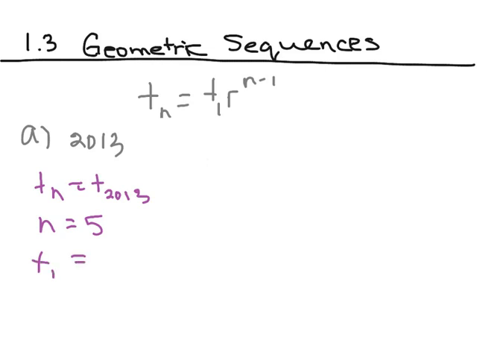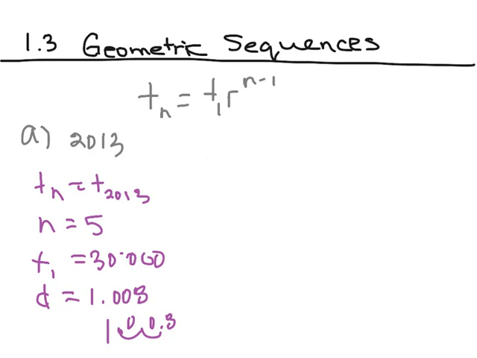It starts at 30,000, and our ratio is going to be 1.008. The reason for that is because 0.8% as a decimal is 0.008, and because we want to include the initial population plus the 0.008, we add a 1.